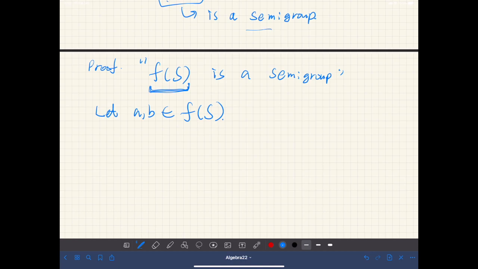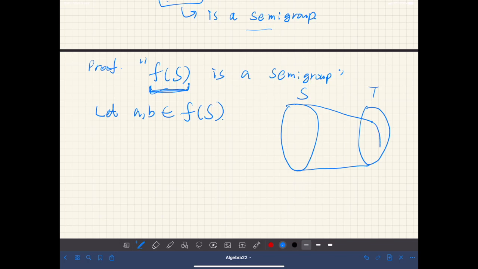Let's visualize this. We have S, and we have T, and the image of f is a subset of T, like this. The entire S is mapped to a subset of T, which may coincide with T itself, but in general it is a proper subset of T. Let's pick two elements from this subset f(S).